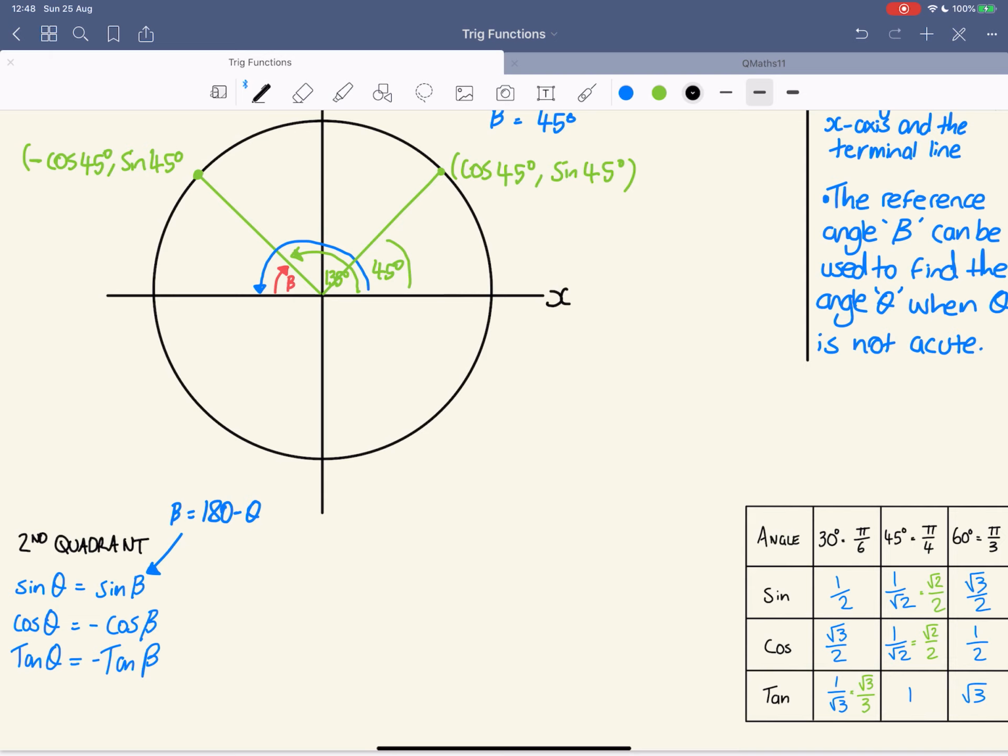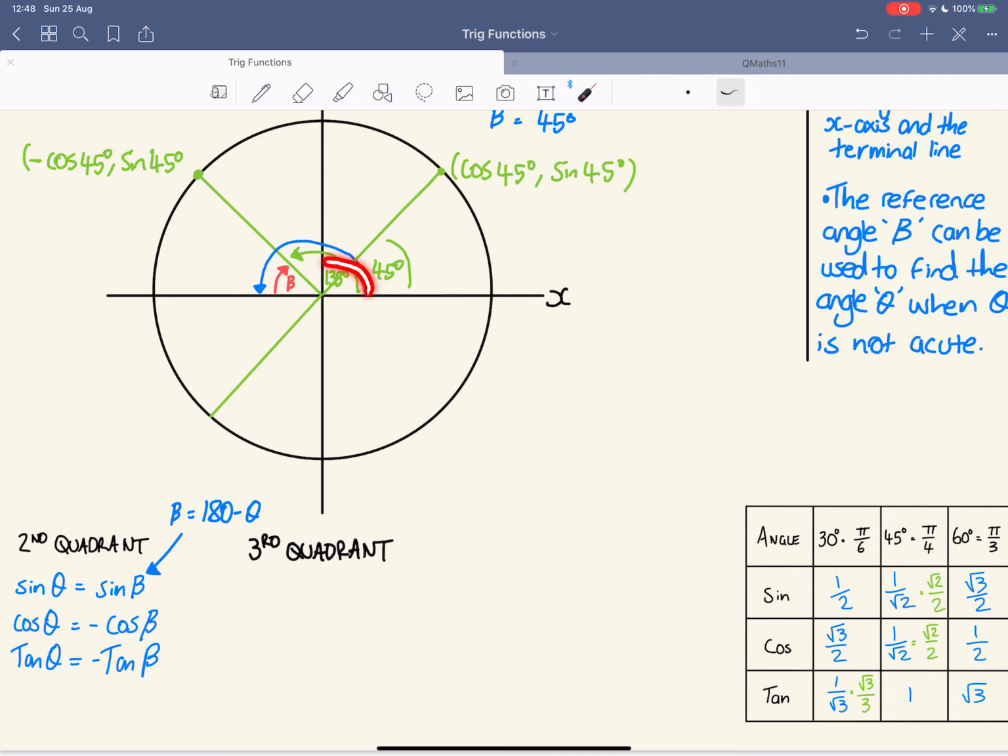Now, what happens if we're in the third quadrant? Well, let's write a little table here. Third quadrant. What happens in the third quadrant? Let's think about it, and we'll draw another angle. In the third quadrant, we're interested in finding out what this angle is. Let's use a laser, just for now.